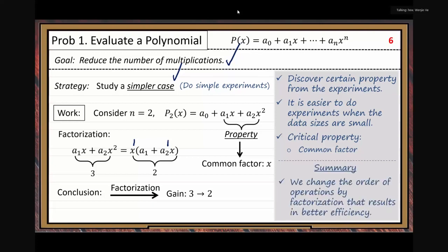So the summary: what we just did is change the order of operations by factorization, which results in better efficiency. The key to the success is the factorization.